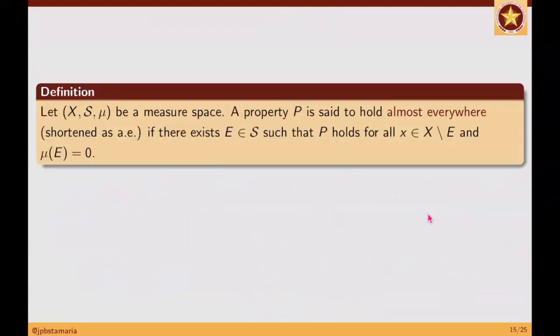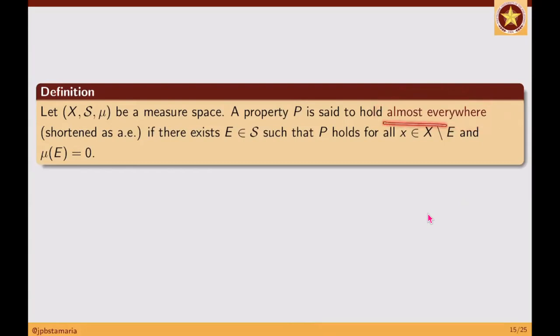All right. So here we are now defining a particular notion in a measure space. If you have a measure space, and we're talking about a certain property, let's say property of a function, property of a set, kung ano mang property yun. A property P is said to hold almost everywhere. So you will hear this a lot of times from your teacher in analysis.